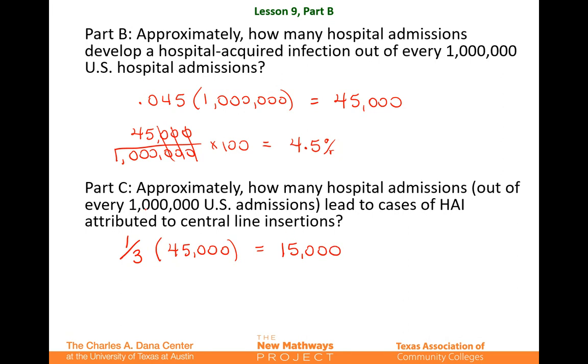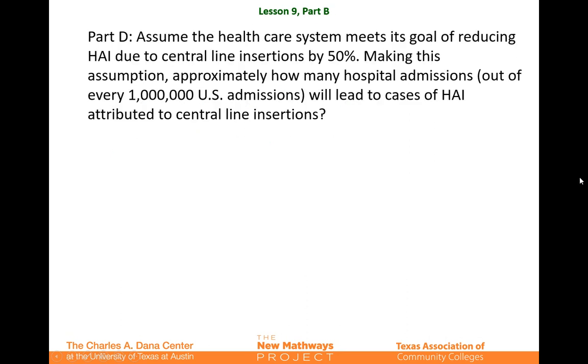So 45,000 out of every million get some type of infection. 1/3 of those infections come from central lines. So 1/3 of that 45,000 is 15,000. So we get 15,000 patients who get an infection due to a central line.